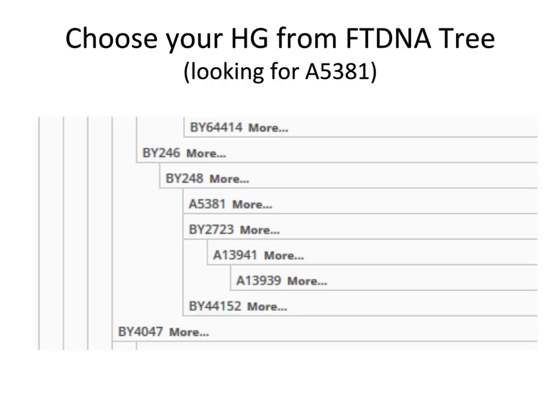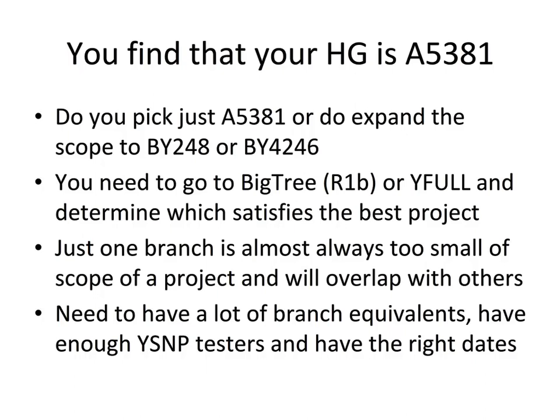And it's probably going to be BY246 because it covers all of them, and there's only one branch and one sun underneath BY246. But BY246 may be just too old, and you may have to pick BY248 instead. So do you pick A5381 or you pick BY248 or BY246?